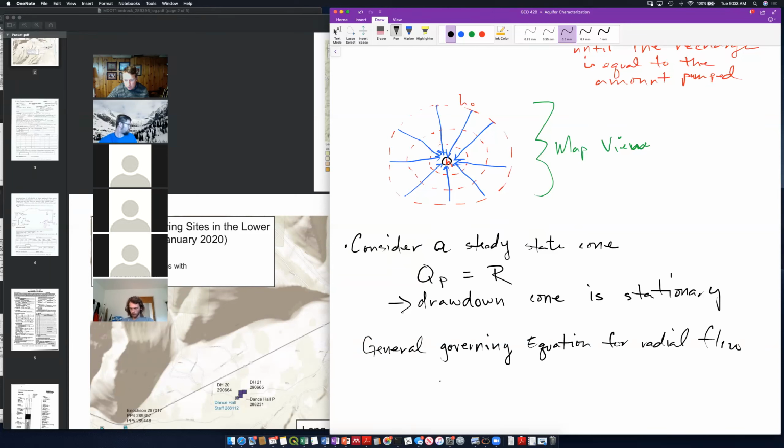It is Ss dH/dt is equal to... Shouldn't that be 0 for steady state? Let's start with general and then we'll go to steady state. You're right. Okay. Let's start general and then go to steady state.